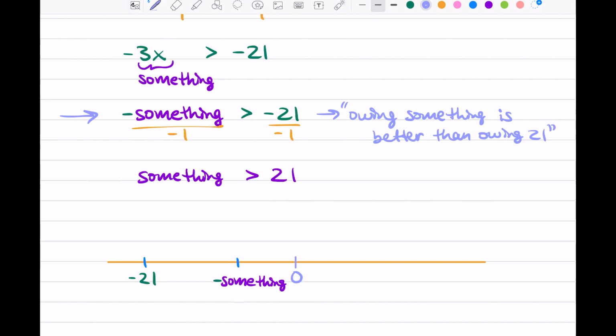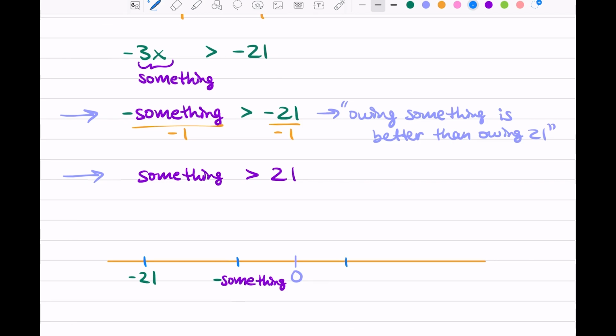Okay, so then we divided by negative 1, and we were left with this. Well, now we're not thinking about negative something and negative 21. We're thinking about positive something. So that would be on the exact opposite of the 0. So this is positive something and positive 21.